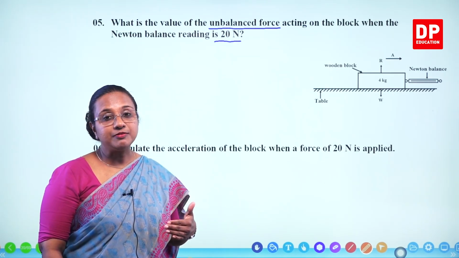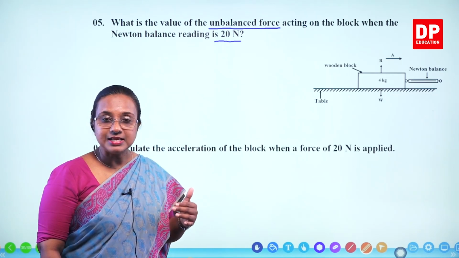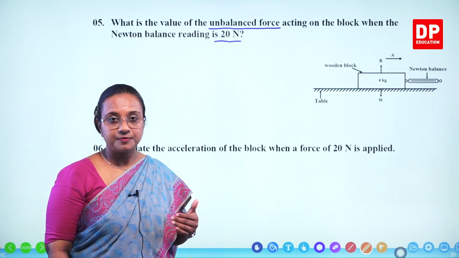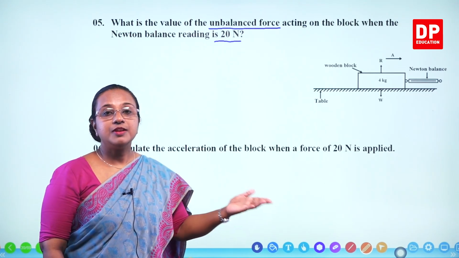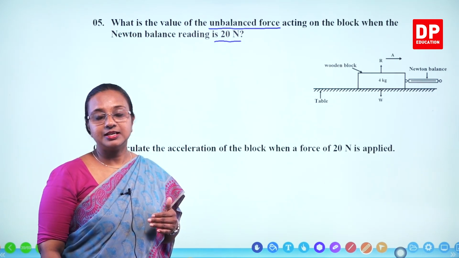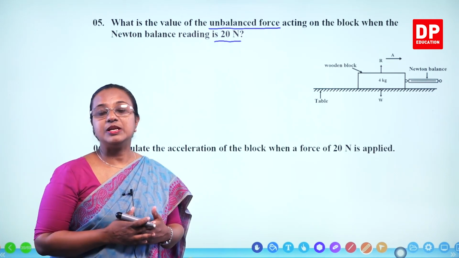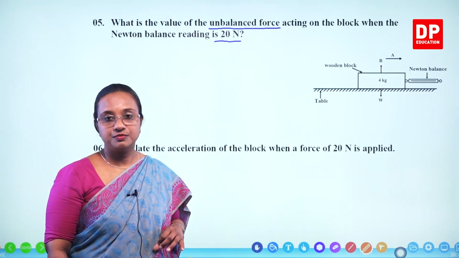The dynamic friction decreases slightly, but still we will consider it as 15 Newton. So the applied force is 20 Newton. Frictional force that is acting against it is 15 Newton. So the difference between the two forces will be the unbalanced force.